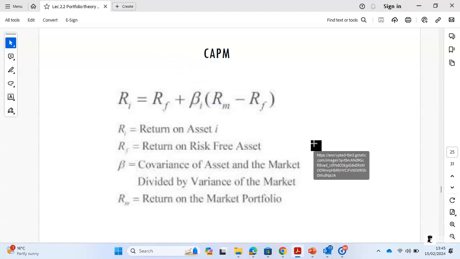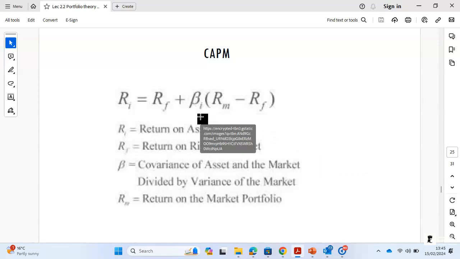So what is the return on security i? It should be the risk-free rate plus beta times the excess market return. The term in brackets is what we call the excess market return: the return above the risk-free rate, because you have chosen to invest in a risky market.